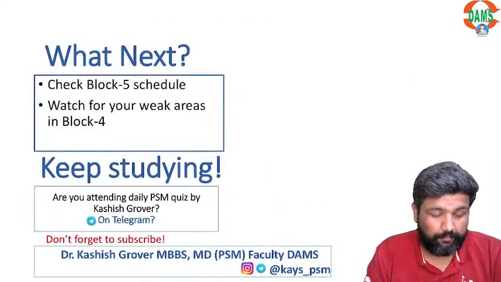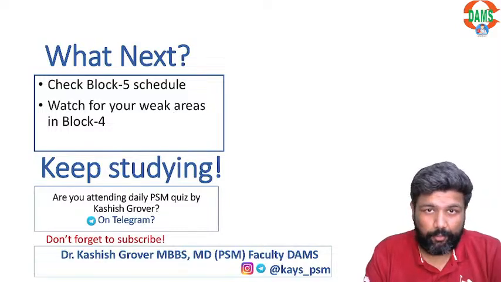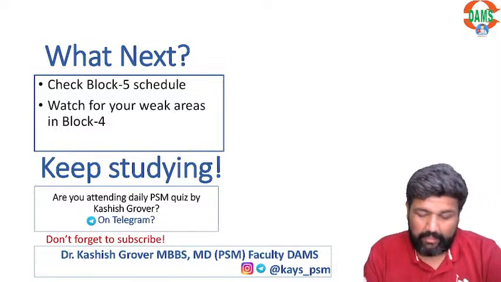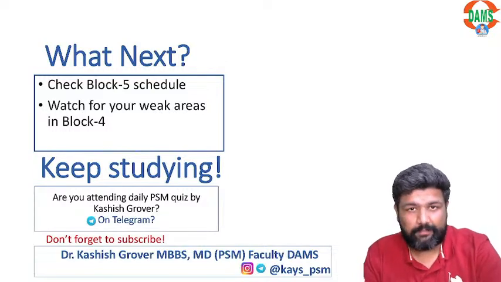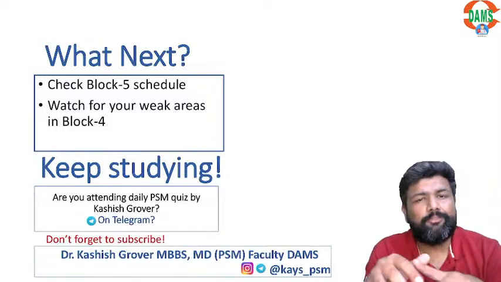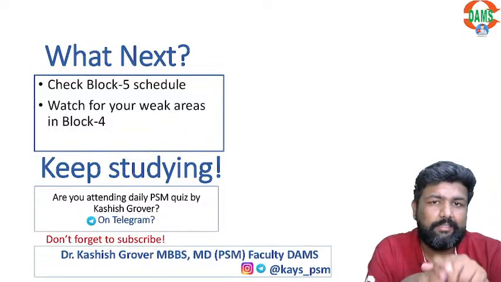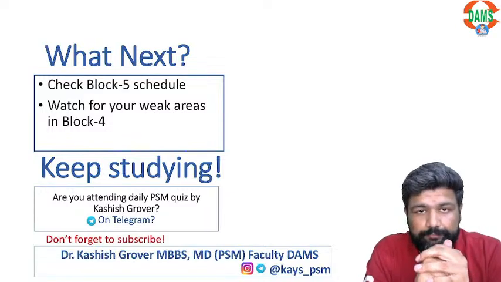Thank you so much for your patience, and be ready. From tomorrow, we will be entering block 5. In block 5, I have kept all the small chapters: biomedical waste, sociology, occupational disaster. So block 5 is about all the small chapters.